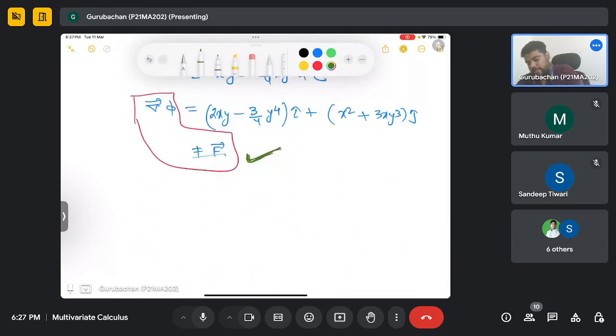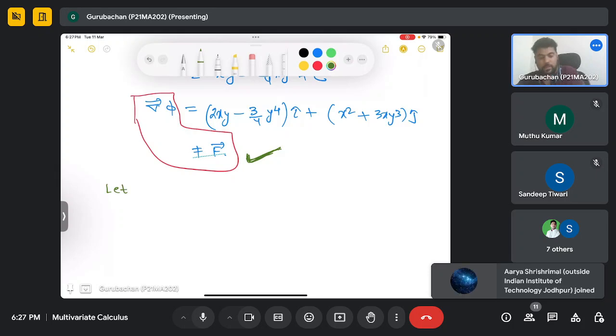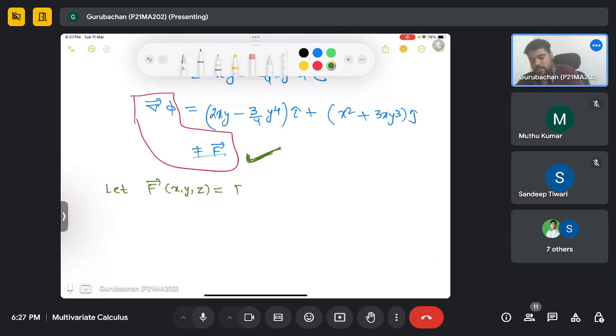So let f of x y z be equal to f1 x y z i cap plus f2 x y z j cap plus f3 x y z k cap, any vector field.